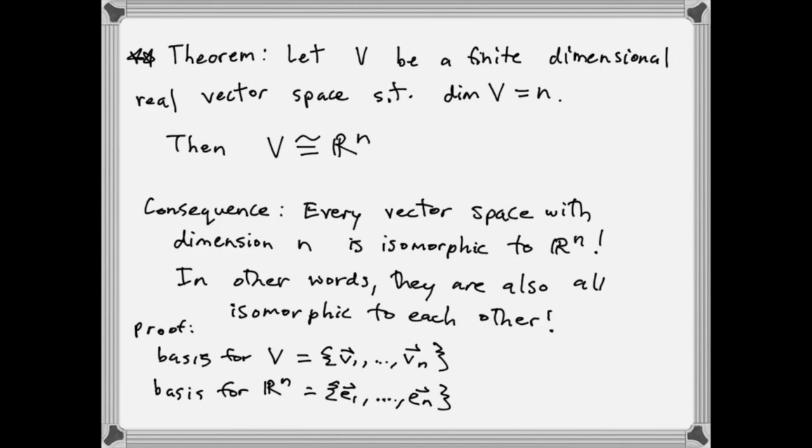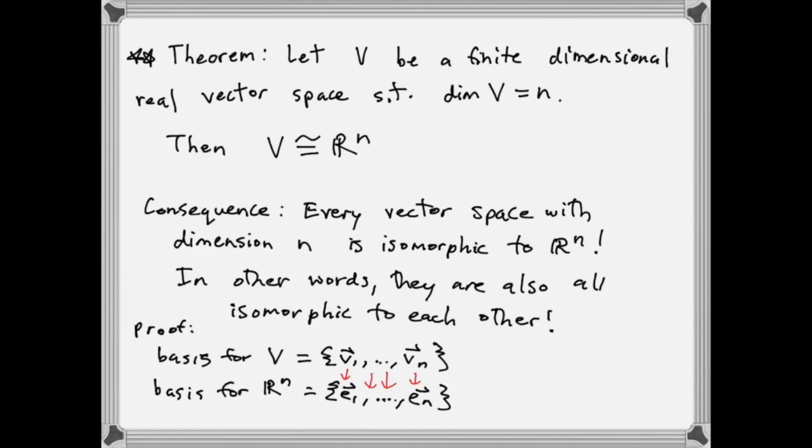Okay, all you have to do is make your isomorphism map take each of the basis elements here to a basis element over there, and this is going to be an isomorphism. You can show easily that this is one-to-one and onto.